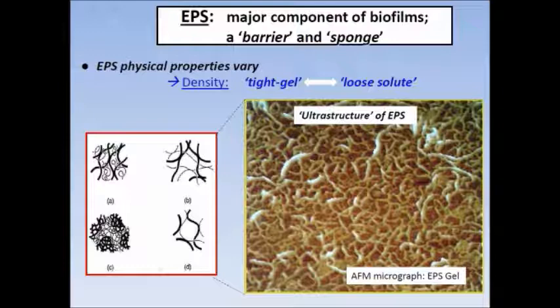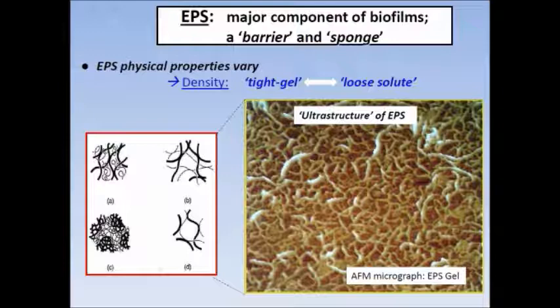And the dark spaces in between the lighter molecules are water spaces. And this is where diffusion occurs through the EPS. So you can see how it could be slowed in any type of molecule, small or large, trying to move through this EPS matrix. And EPS varies in how dense or how loose it is.